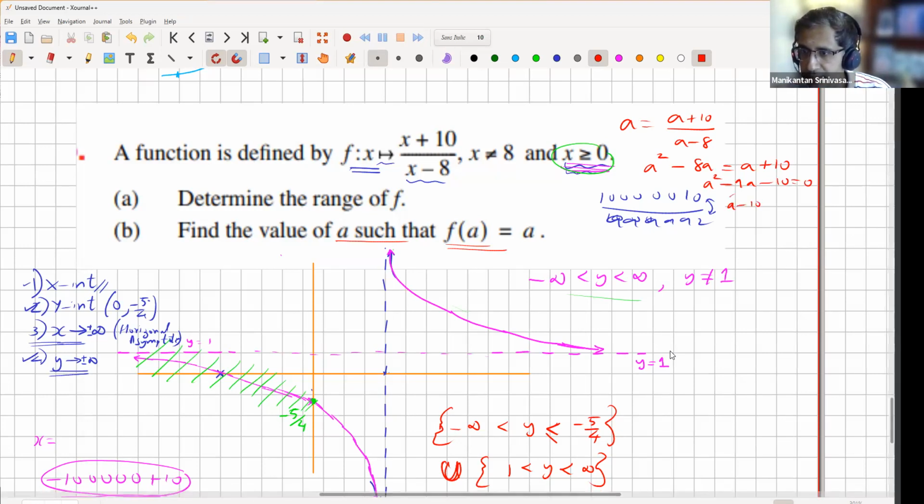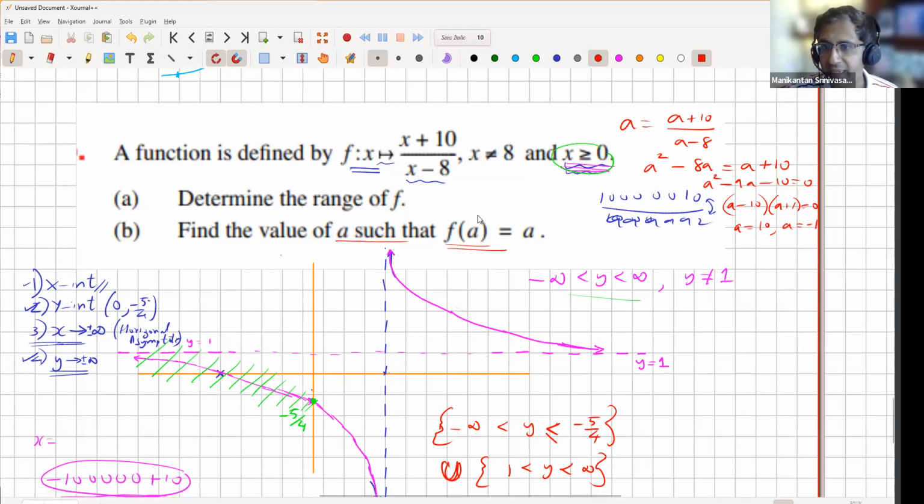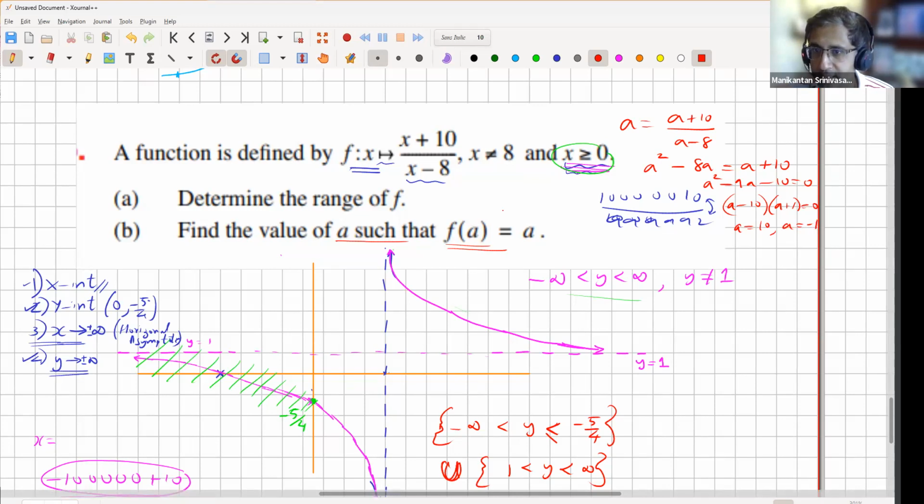I can simplify this as a minus 10 times a plus 1 equal to 0, which means a equal to 10 or a equal to minus 1. But the input a cannot be less than 0, because the question itself says x must be greater than or equal to 0. Therefore, the only possible value is a equal to 10.